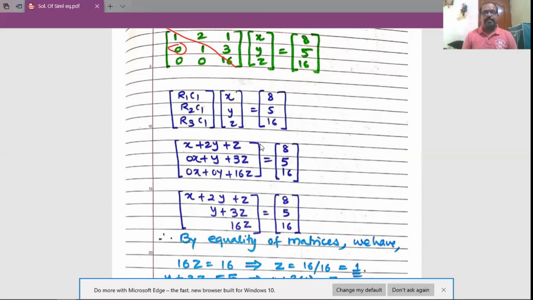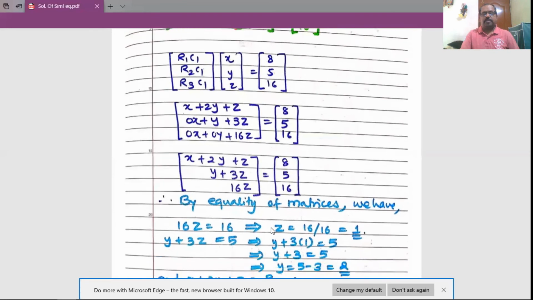So the first element should be equated with the first, second with second, and third with third, because they are matrices of the same order, that is column matrices of order 3 by 1. So corresponding elements must be equal.